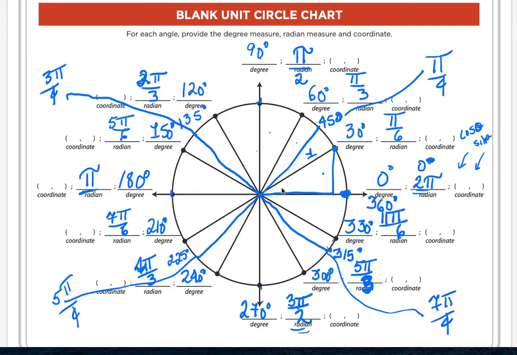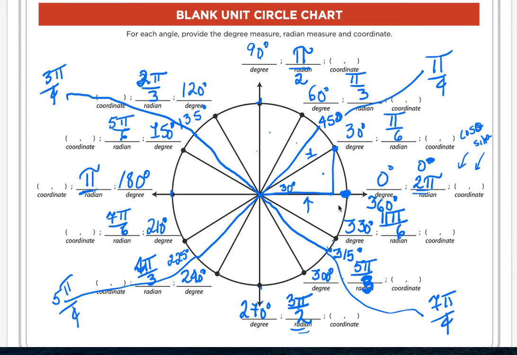So if this is a 30-degree angle, for example, and I want to know what the cosine is, well, that means that this side, the cosine of 30 degrees, is going to equal my adjacent side, which is my x value, over 1, right? So this ends up being the cosine of 30 degrees.